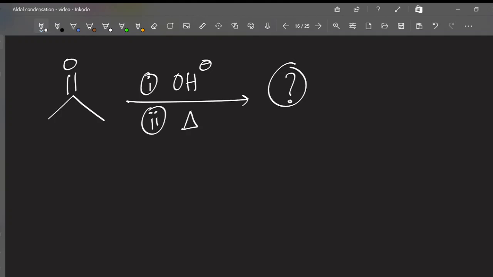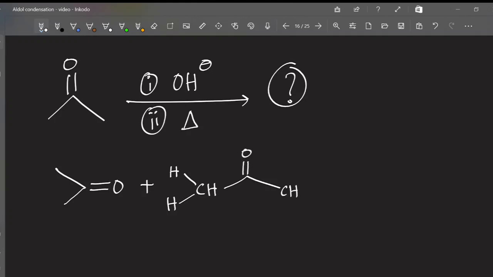Okay, I'm doing this. Simply, I'm keeping one of the oxygens like this and pointing the alpha hydrogens towards the oxygen, and this is nothing but our acetone. And simply we have to take out water.